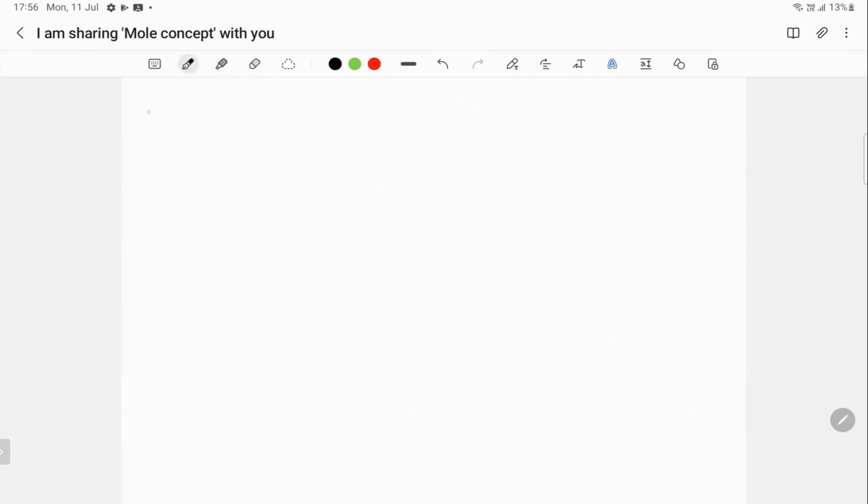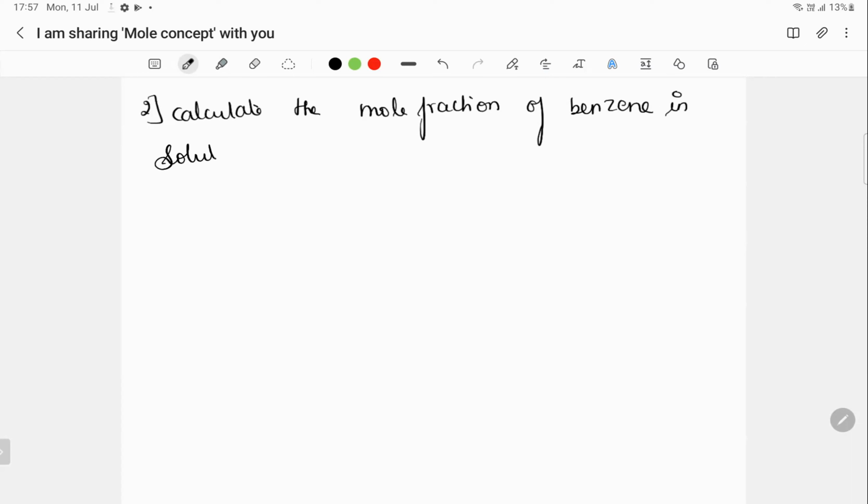And your next problem is: calculate the mole fraction of benzene in solution containing 30% by mass in carbon tetrachloride.